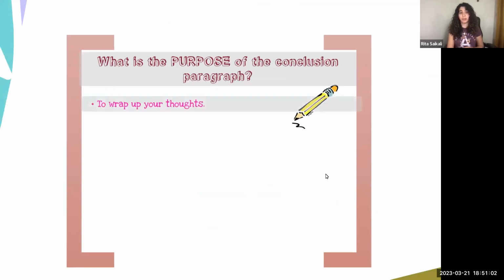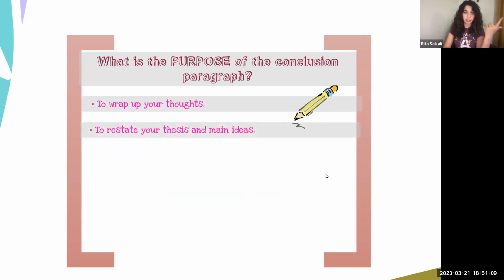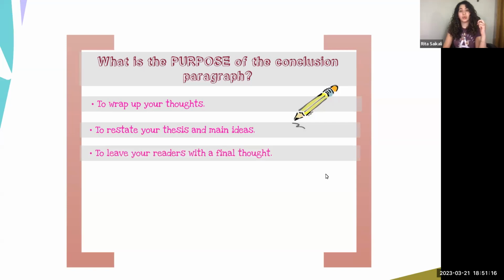So what is the purpose of a conclusion? The purpose of a concluding paragraph would be to wrap up your thoughts, to restate your thesis or main idea, right? So you want to remind the readers of the thesis and the main idea, and you want to leave your reader with a final thought. So you want them to leave your reading or your writing thinking about something. That's what makes the writing you've just written so powerful, right?